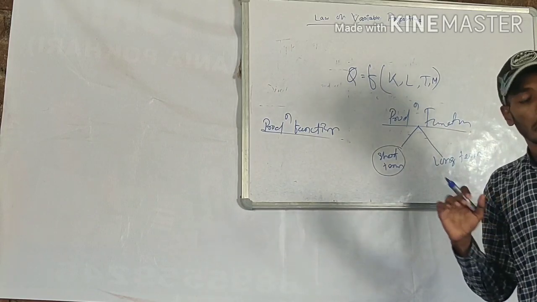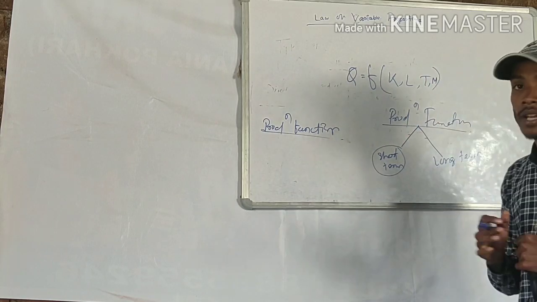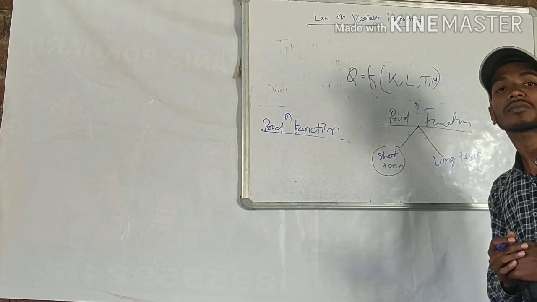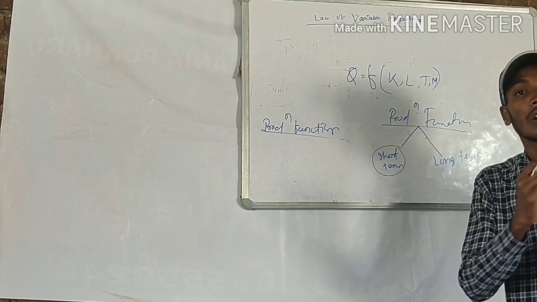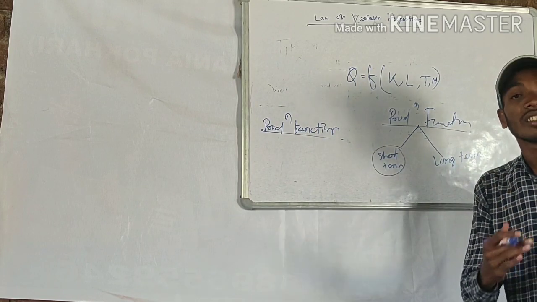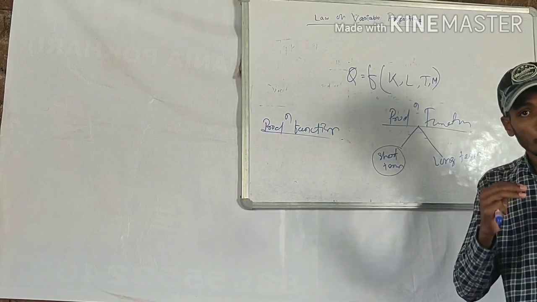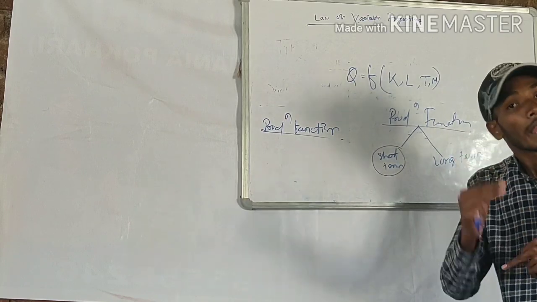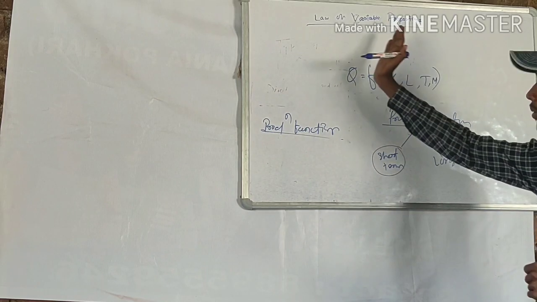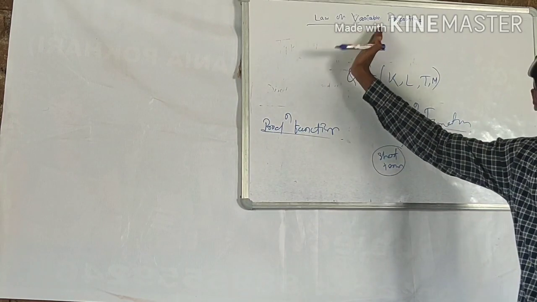According to the law of variable proportion, the production level or output level may be increased with an increase in the input of variable factors. So try to understand this. What does this law state?